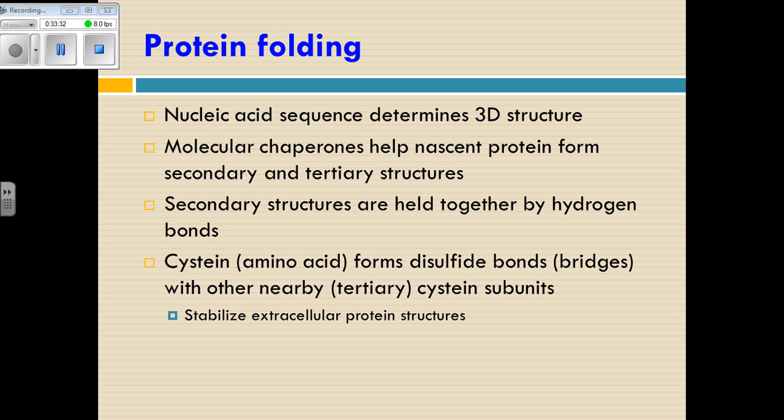It's only when you start having these loops and turns and alpha helixes and beta sheets that have cysteine that fold near each other. What will happen is they will form a disulfide bond or a disulfide bridge. So it might attach an alpha helix to a beta sheet that's way further down to help it bend to form the right structure.